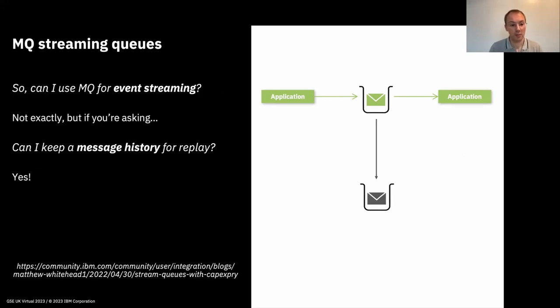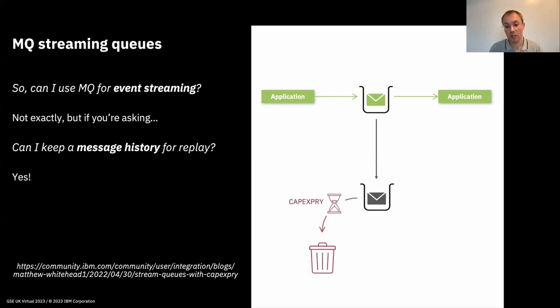I mentioned event streaming. So yes, you can't use MQ to do everything that an event streaming platform like Kafka would do, but it has lots of common qualities. And so if we just look at what you can do with MQ itself, you can obviously have the messages being flowed to a second queue as I've described.